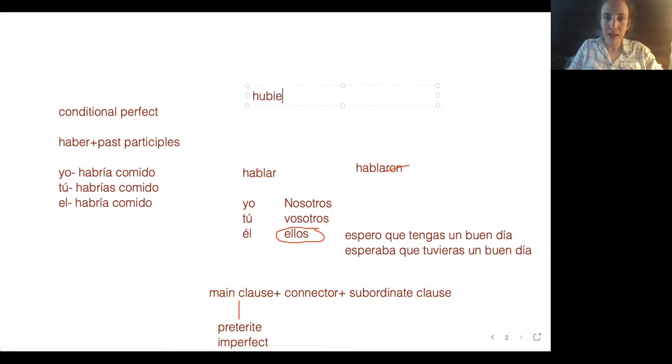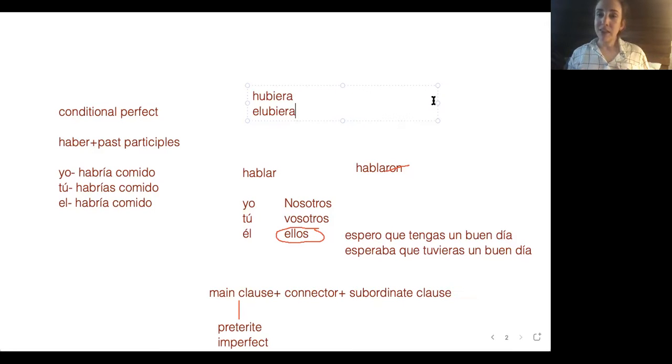So we say hubiera doesn't exist, and there's a meme because there's a lady that's called el hubiera. People say, well, it does exist. So it's kind of a joke. I'm gonna put the meme, the card, on BB Learn so you can see it. It's kind of funny.